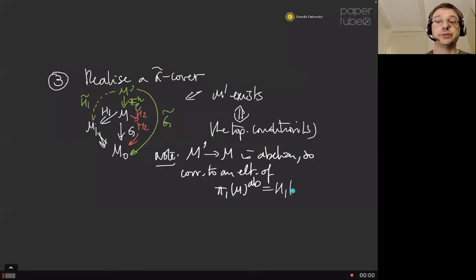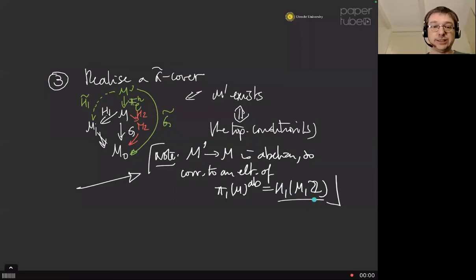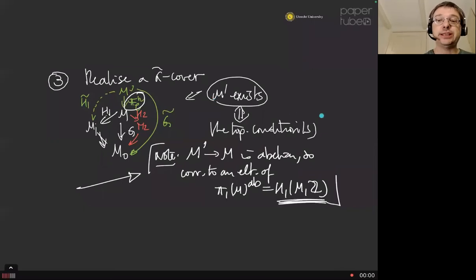So it corresponds to something in this. And this should give you a hint that you need to have some property of this space that parameterizes abelian covers, such as this one, for it to be possible to construct this. And the condition that we need is this topological condition.